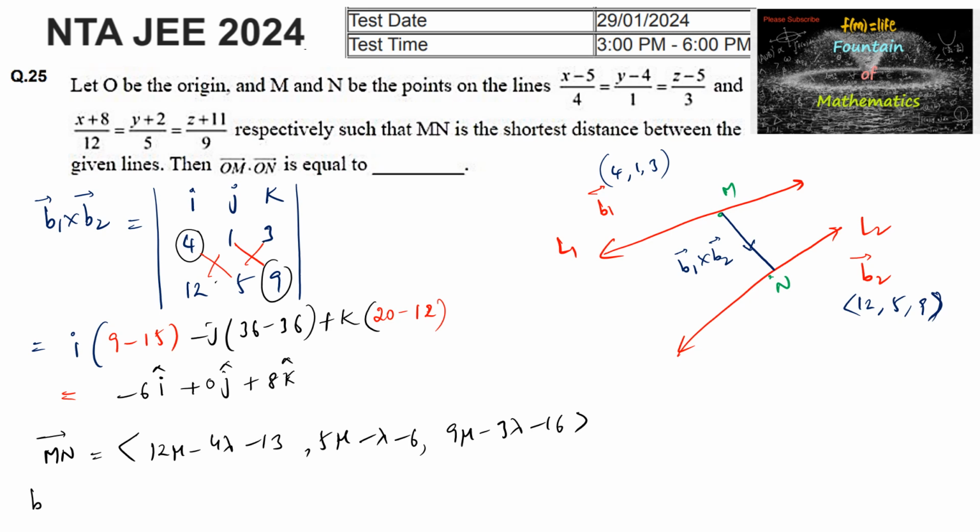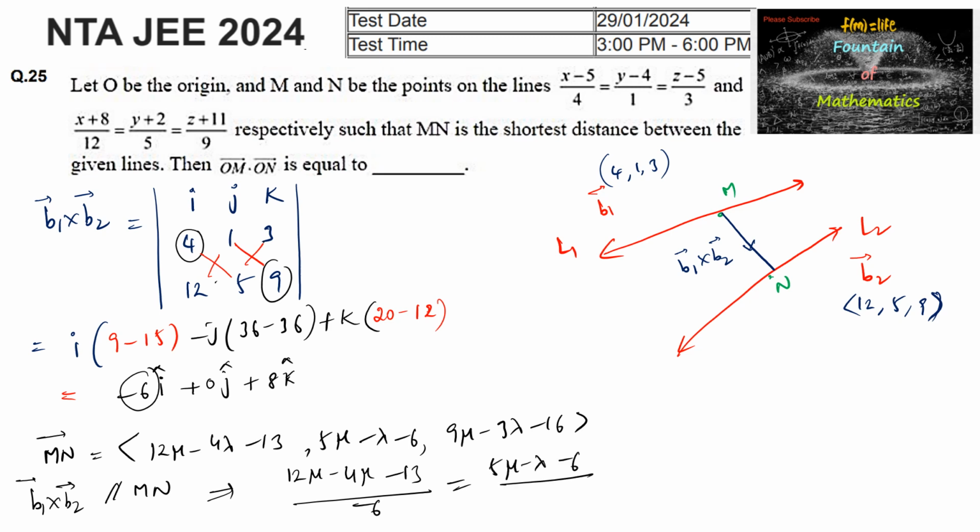Now since b1 cross b2 is parallel to MN, we can write (12 mu − 4 lambda − 13)/(−6) = (5 mu − lambda − 6)/0 = (9 mu − 3 lambda − 16)/8, since they are proportional. Let us solve these equations.